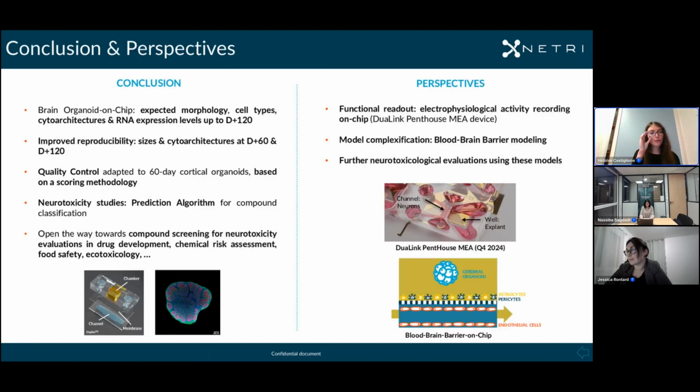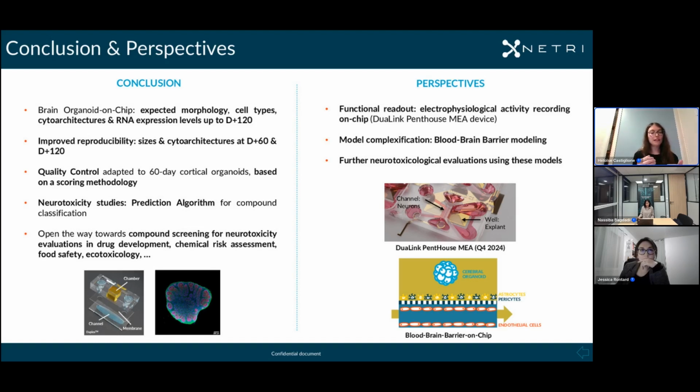In conclusion, our brain organoid-on-chip model enables the culture of cortical organoids with several possible on-chip culture conditions. We demonstrated an improved reproducibility on-chip in terms of organoid sizes and global cytoarchitectural organization. We also developed a quality control system for facilitating the quality assessment of these cortical organoids.